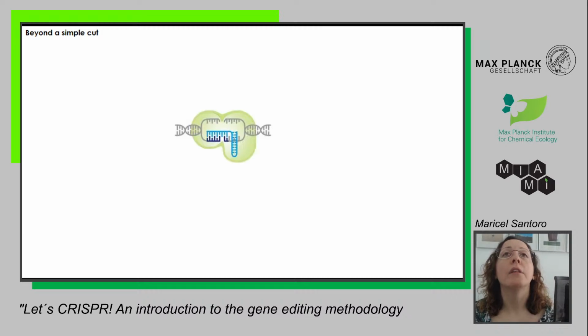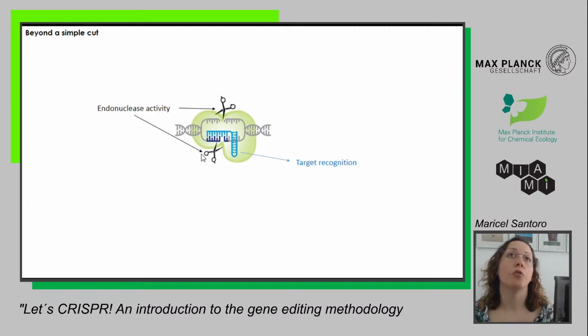If we want to do that, we have to change our tool. Our tool has two components: the target recognition, and the cutting endonuclease activity, which is the cutting of the DNA. The target recognition is very important because it brings the protein or the enzyme to the place that we want to work in the DNA, in the genome.